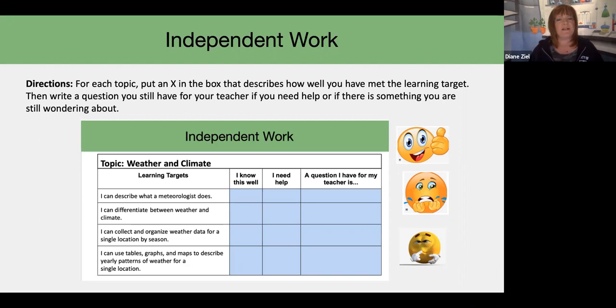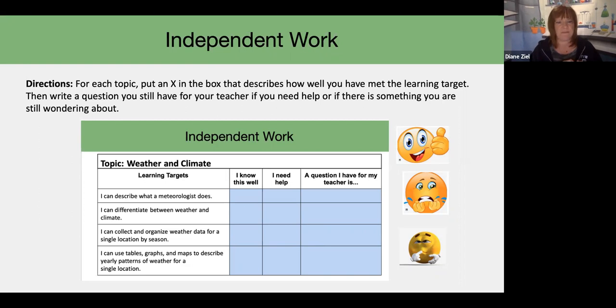But I would like to go back and see some examples of those graphs just to remember what analysis I can do of that data and how it was organized and which were the better graphs for organizing that data. So I think I would be this guy for that, and I'll put him in. I would check off I need help. And the question I might have is just, what lessons can I go back to look at some graphs and weather data? But I think once I see them, I'm going to remember.